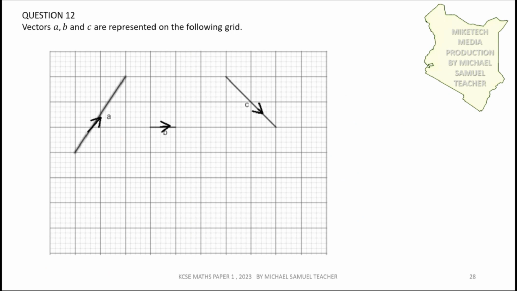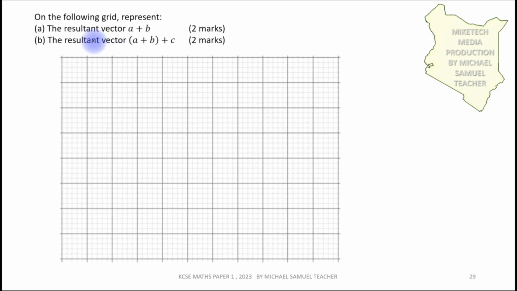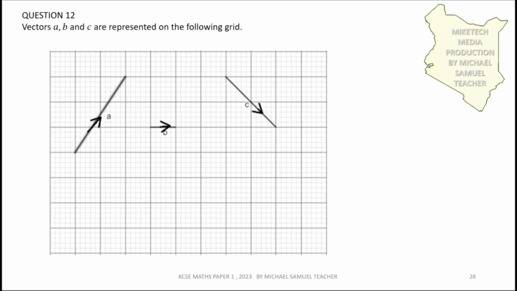So the next question, 12: vectors A, B, and C are represented on the following grid. The question is, on the following grid, represent the resultant vector A plus B. So how do we get A plus B?